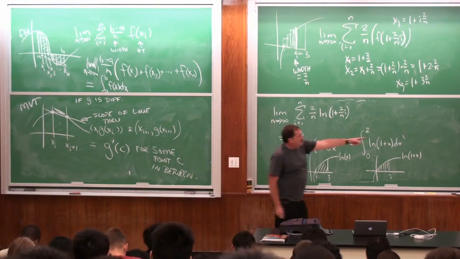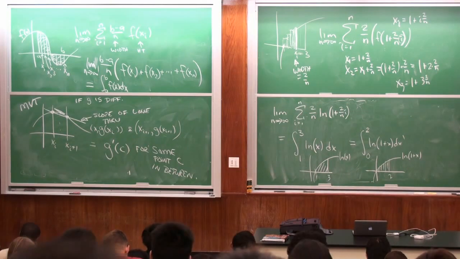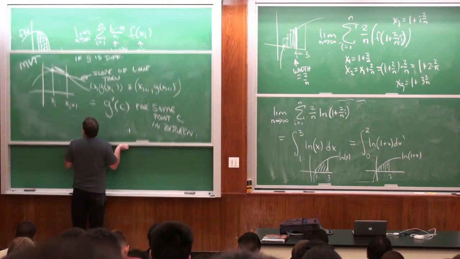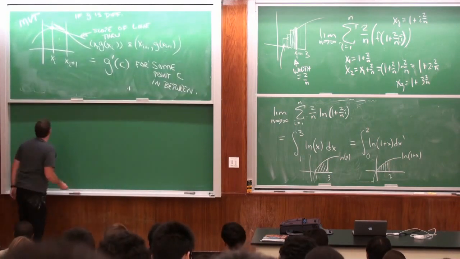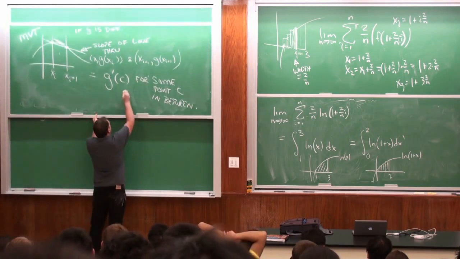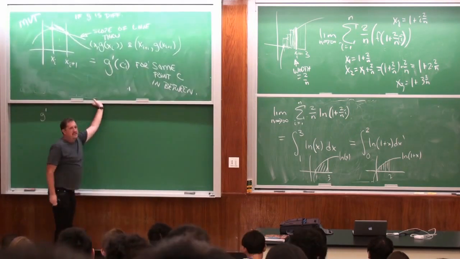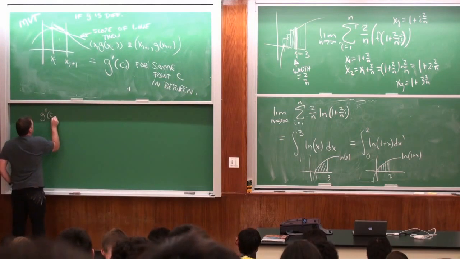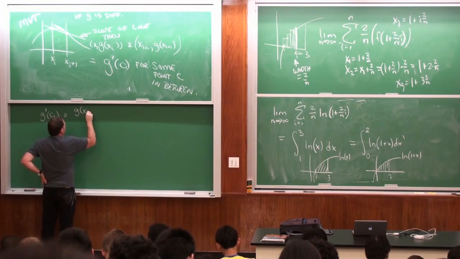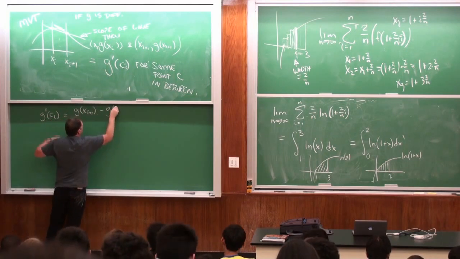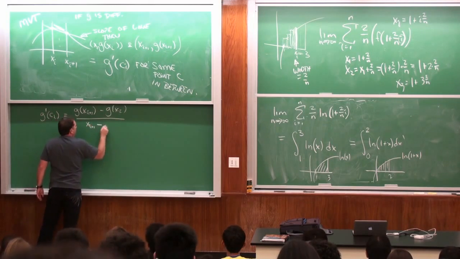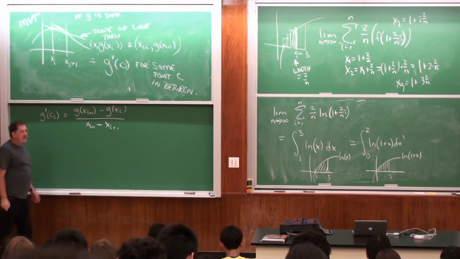Now, why is that useful here? I guess I want to write it differently. So that means g prime, let me call it c i, because it sits between them. So that means that g prime of ci is the same as g of xi plus 1 minus g of xi over the distance, so that's the same as that distance, right?